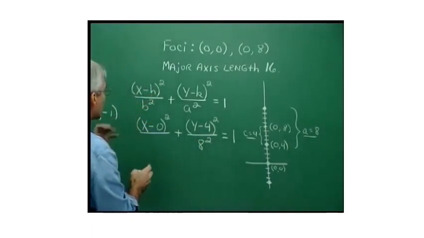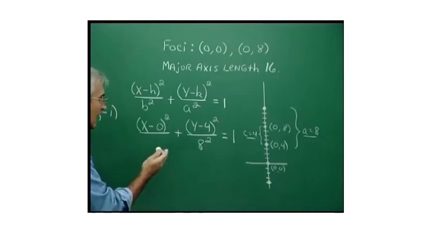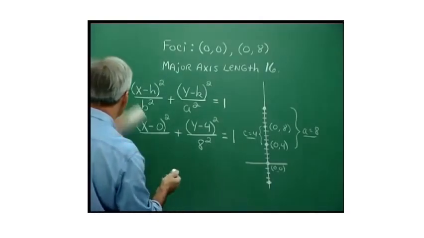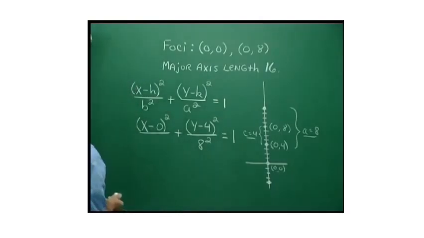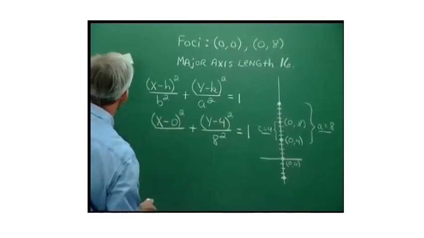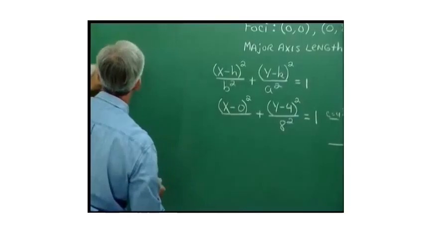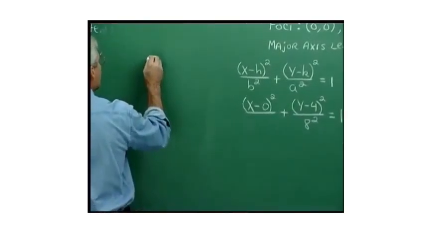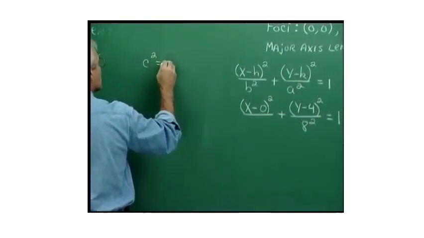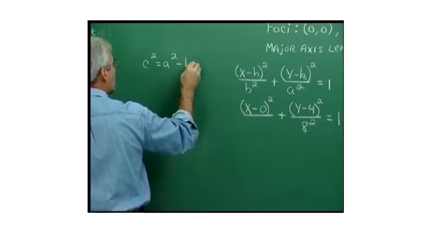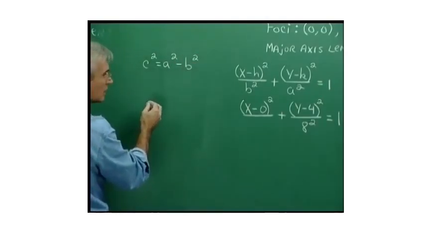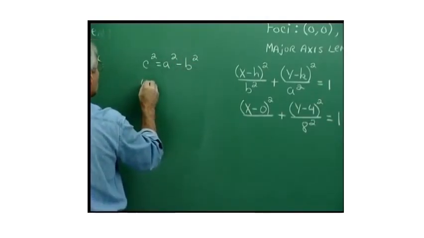Looks like we need the B value. Now we have A and C, so we can make the calculation for B. And we do that like this. We come out to the side and we think, well, C squared is A squared minus B squared. The C distance is 4.